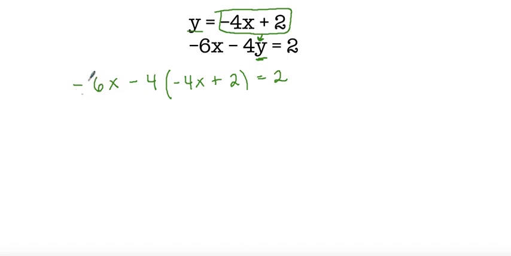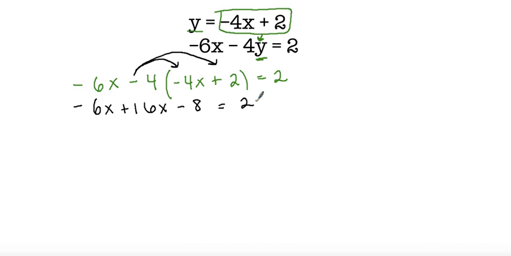So here we have negative 6x, and negative 4 times negative 4x is positive 16x. Negative 4 times positive 2 is negative 8. Is equal to 2.